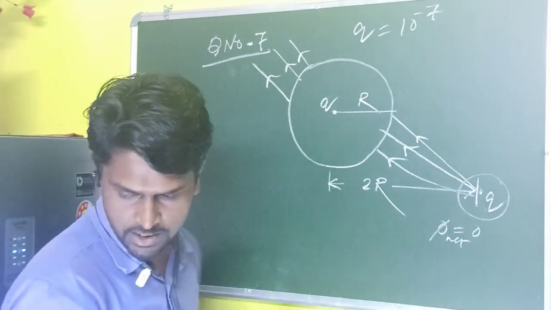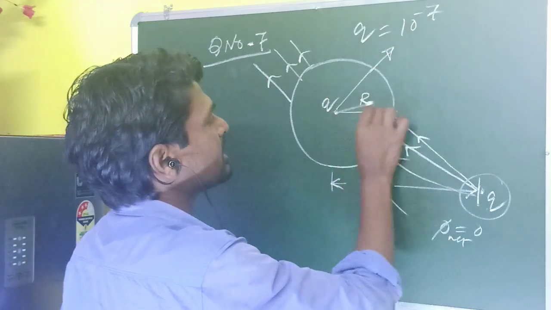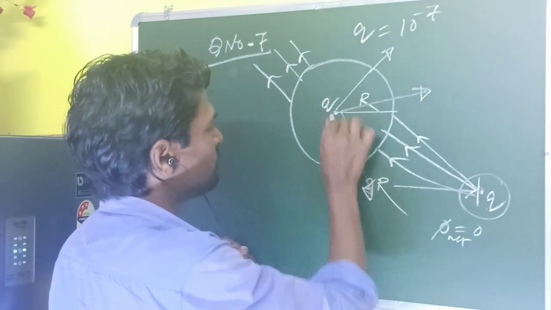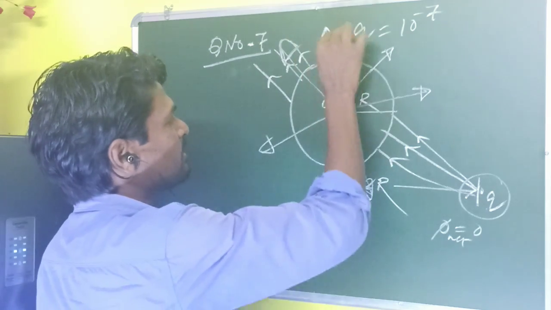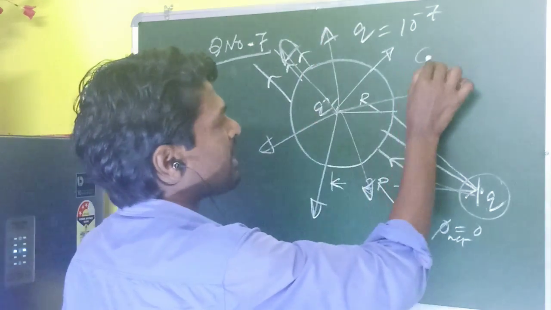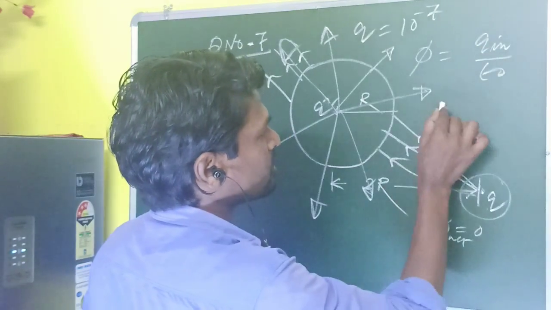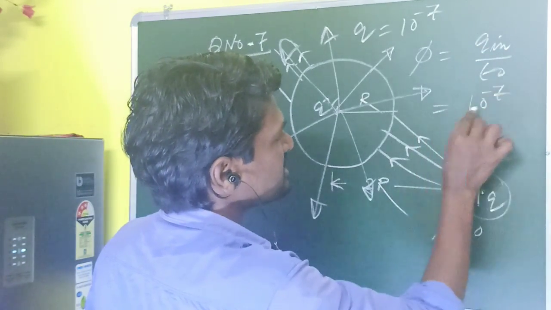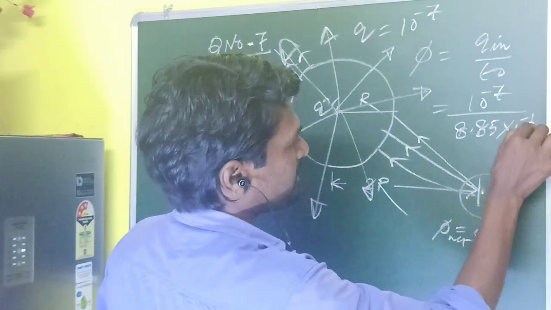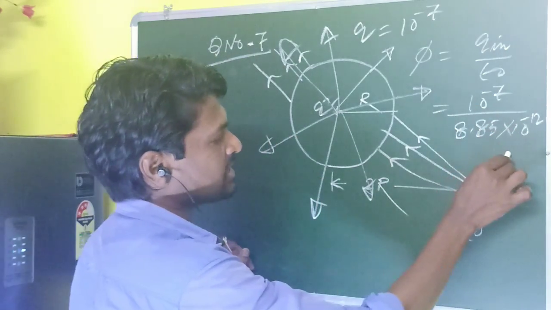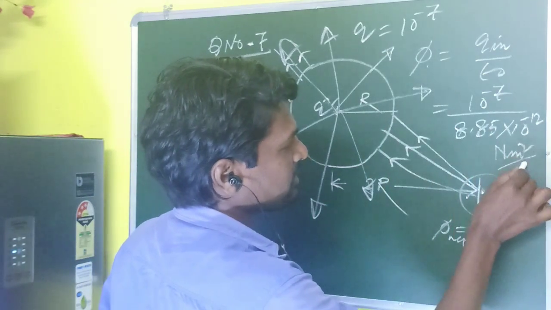So here it is q, and for that charge a flux is generated like that. The contribution of flux due to that charge is phi equal to q inside by epsilon naught, that is 10 to the power minus 7 by epsilon naught, where epsilon naught is 8.85 into 10 to the power minus 12. The unit is Newton meter square by Coulomb.